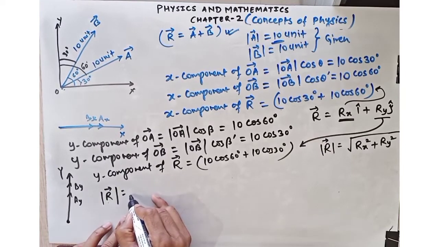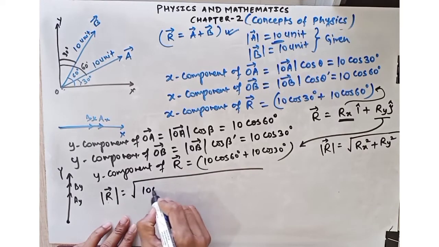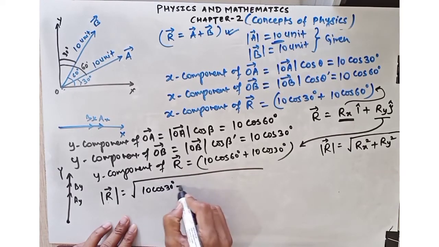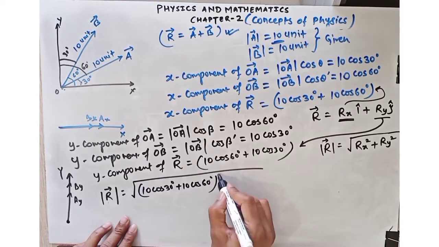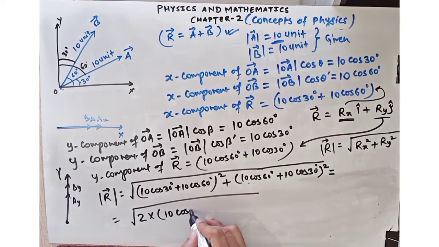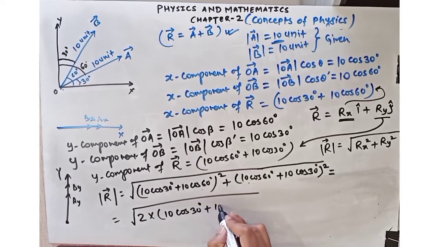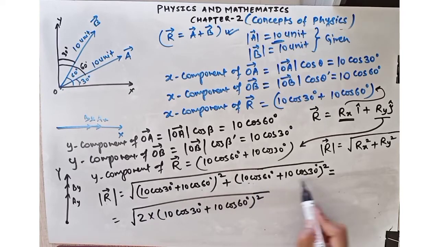So how much would it be? The x component is 10 cos 30 degrees plus 10 cos 60 degrees, plus 2 into 10 cos 30 degrees plus 10 cos 60 degrees, square of it. Because this term and this term are the same, this would be twice of any of the terms. So how much would it be?